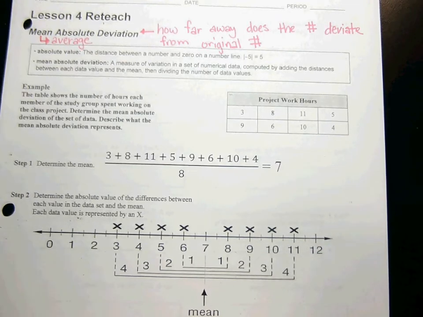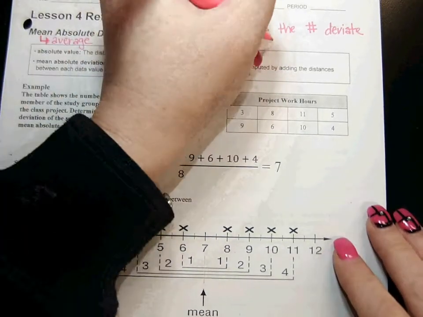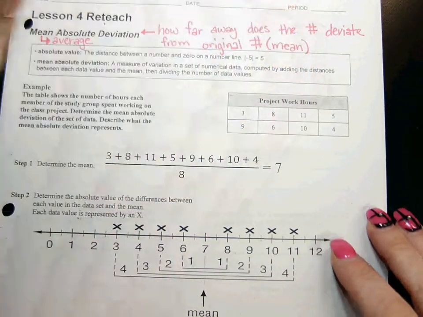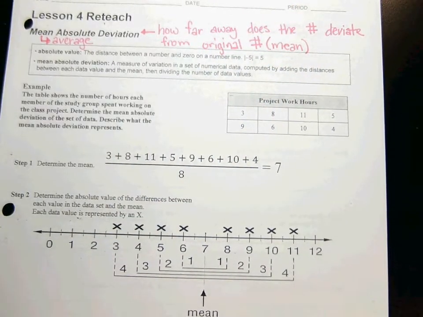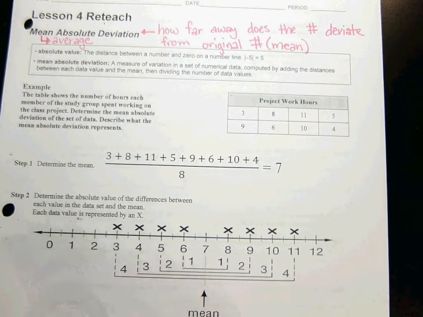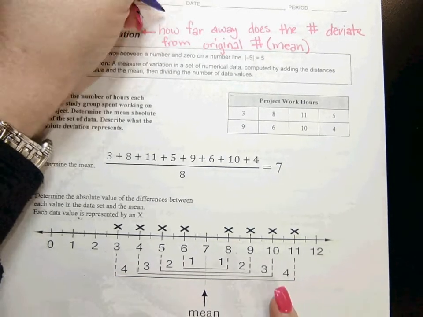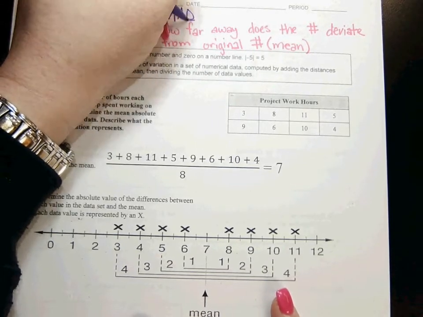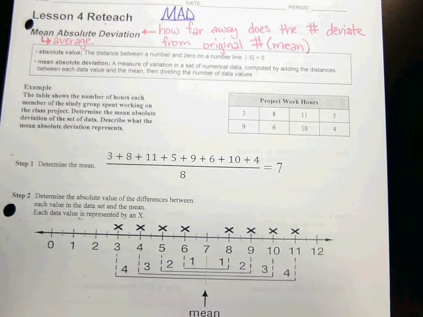How far away is it? The original number being your mean. So we call this lesson MAD. Mean Absolute Deviation. So anytime you see MAD for math, you know what it is.